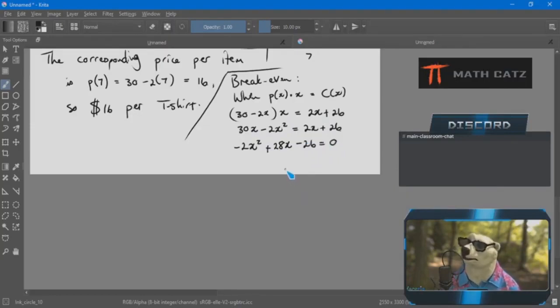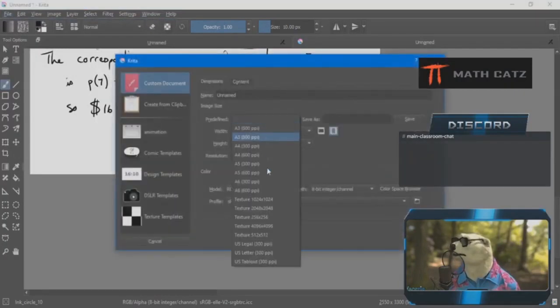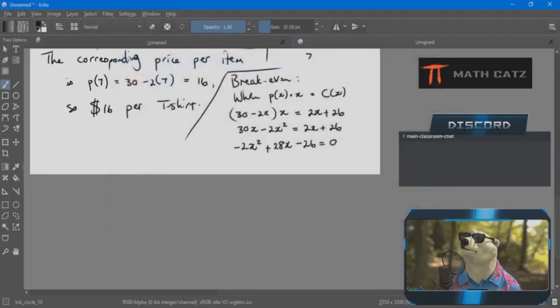So I have a quadratic equation to solve, which means I use the quadratic formula, which I'm going to do on a new page just so that we can see it if we want to. You can write as little or as much detail as you want when you do the quadratic formula.